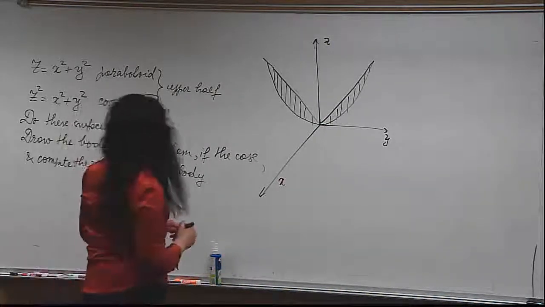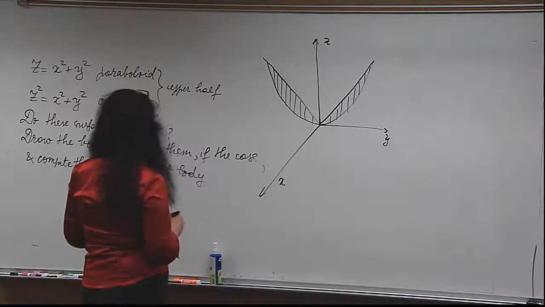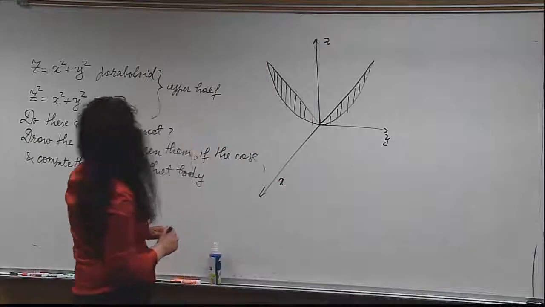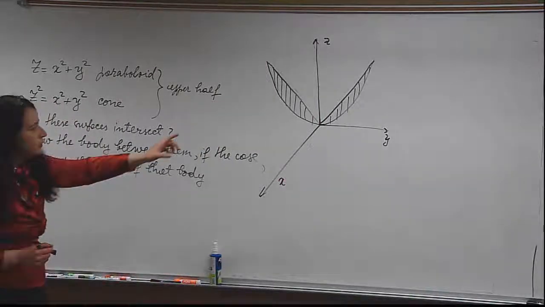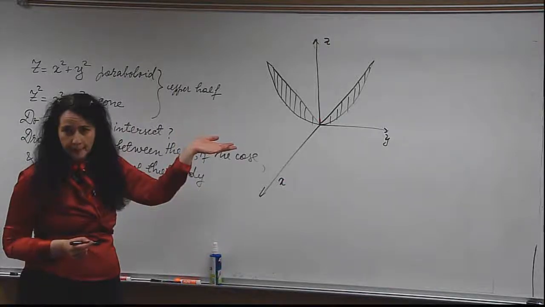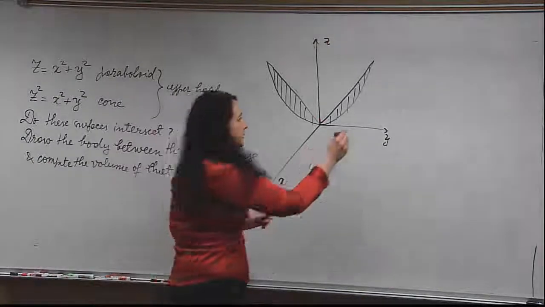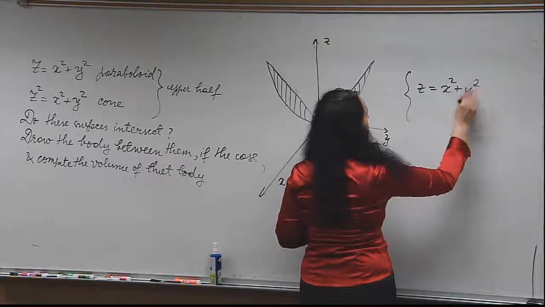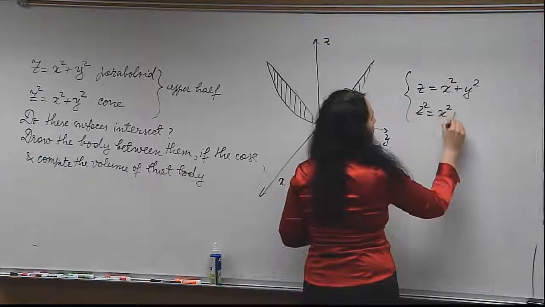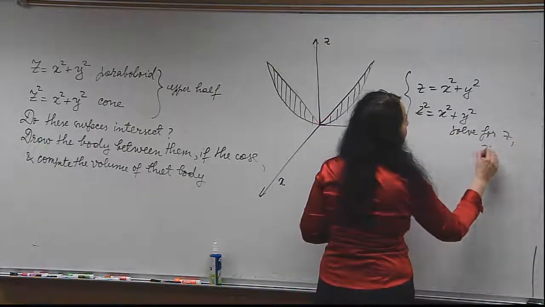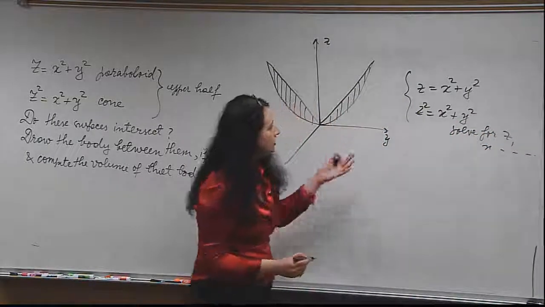So I would like to write the volume of the body faster with the knowledge I have. Do they intersect? And where do they intersect? And how do I find this out? Equal to each other? You always use it. Yes, I have to make them equal and solve for Z. How do I solve for Z?